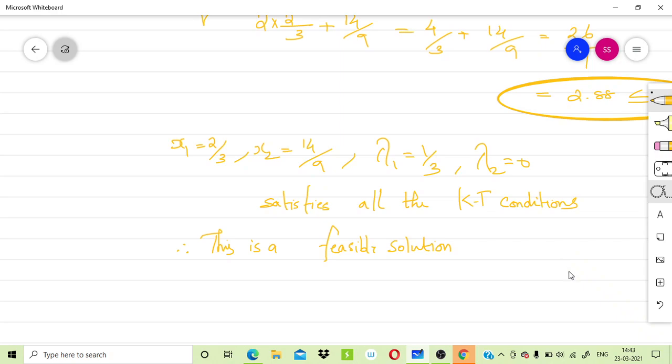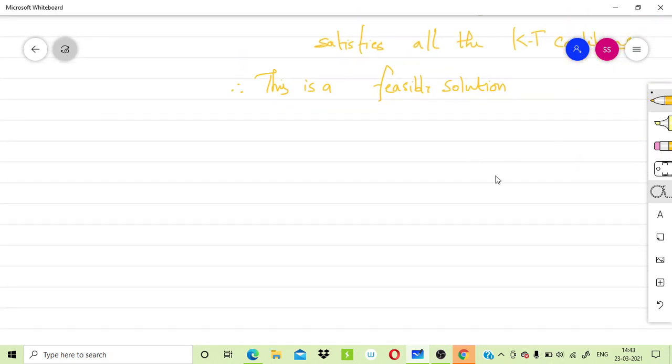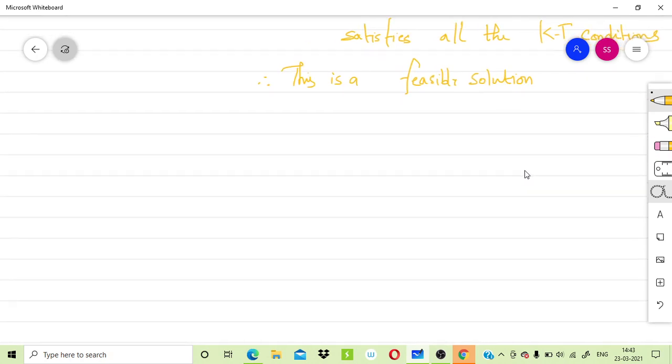But we cannot stop here because we have to check another possibility also, that is both lambda 1 and lambda 2 are not equal to 0. That is case 4, lambda 1 not equal to 0 and lambda 2 not equal to 0.